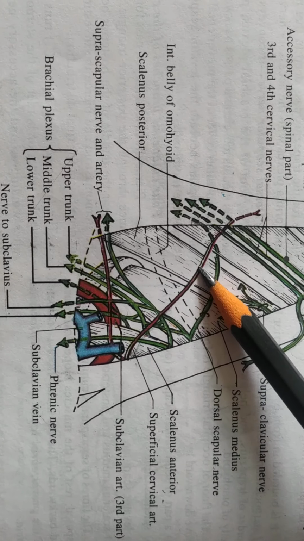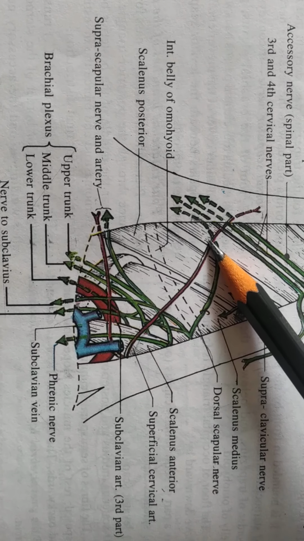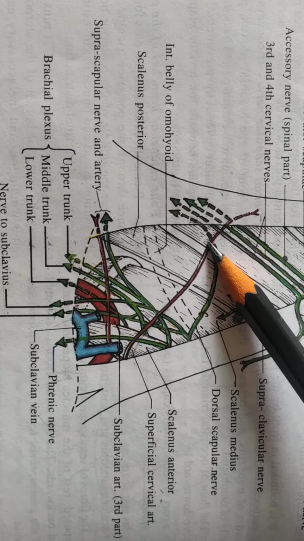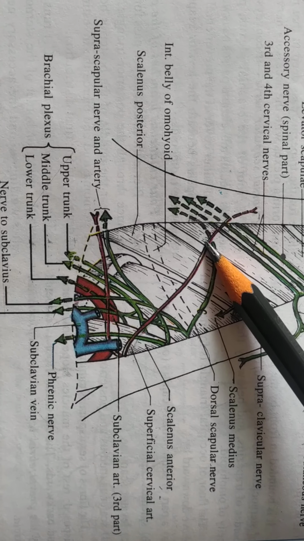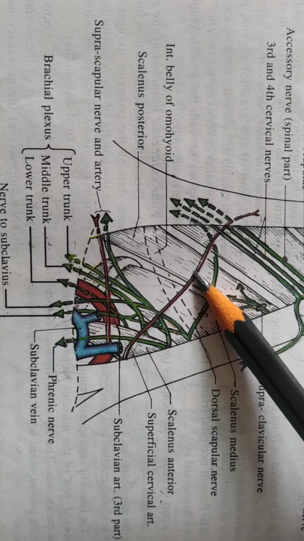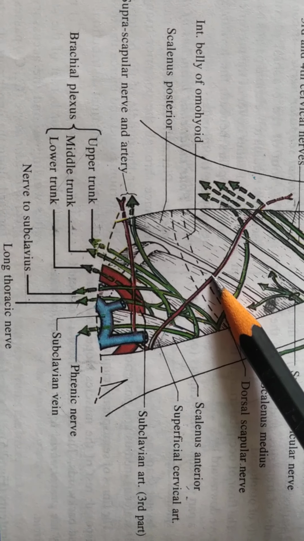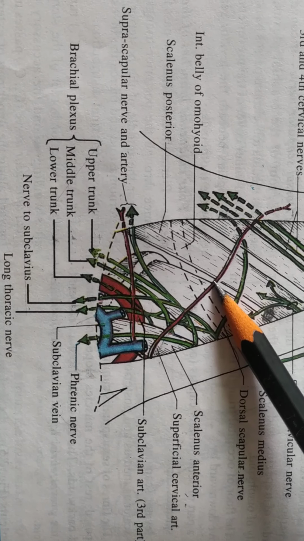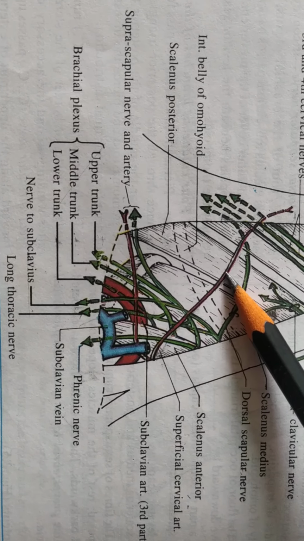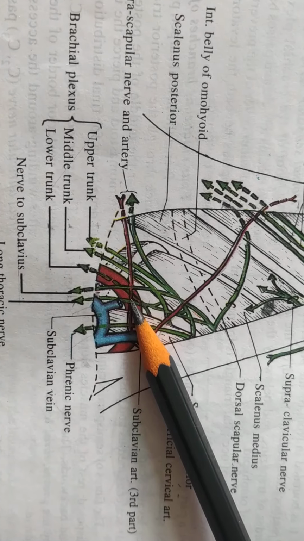It divides into two branches, superficial and deep. The superficial branch crosses the levator scapulae accompanied by the spinal part of the accessory nerve. The deep branch passes deep to the levator scapulae and accompanies the dorsal scapular nerve.